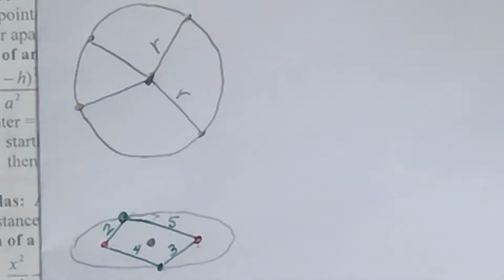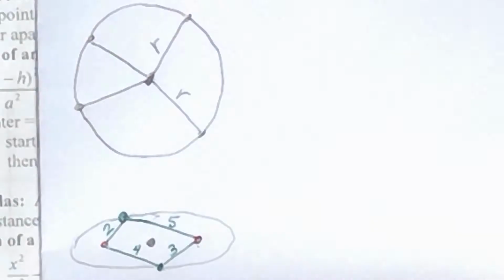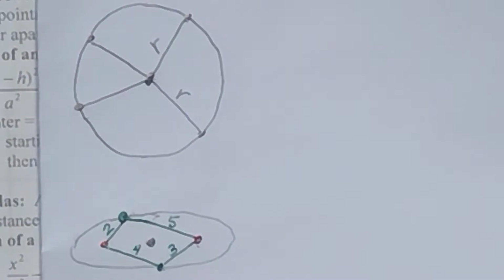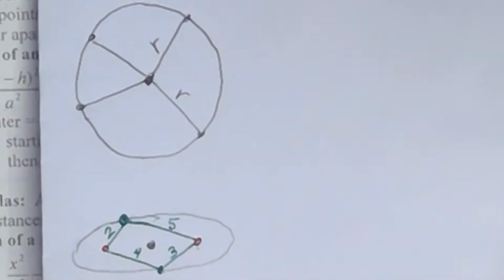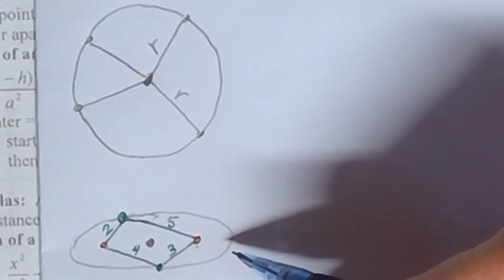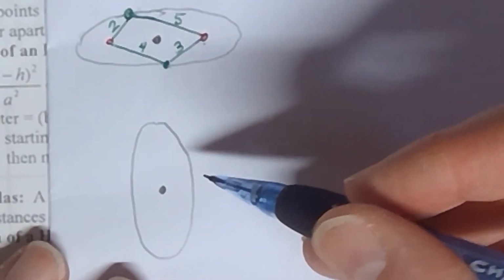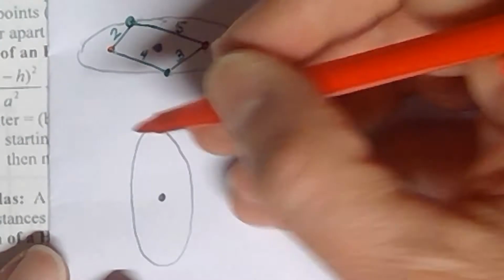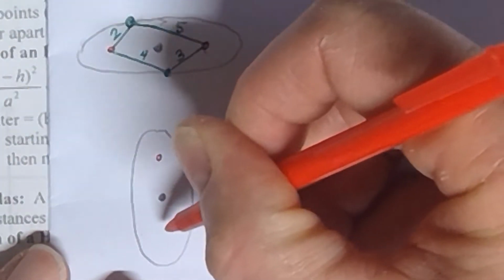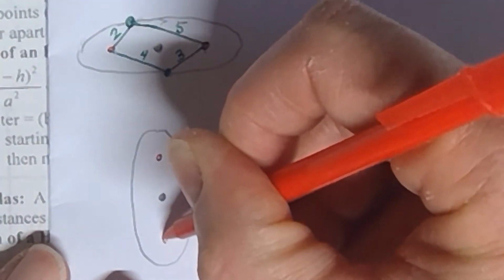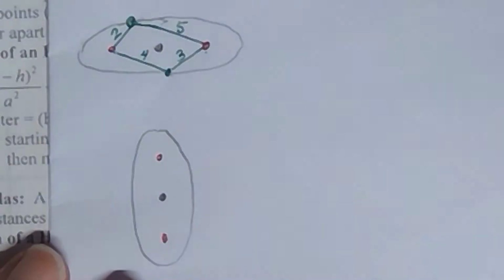Again, you don't have to find those red points. I'm just telling you this to help you see the difference between a circle and an ellipse. It creates kind of an oval shape, and sometimes it will go in this direction as well. When it does that, the focus points go in a vertical direction like this, and they're always the same distance away from the center. Again, you don't need to find them, but I'm just letting you know that.